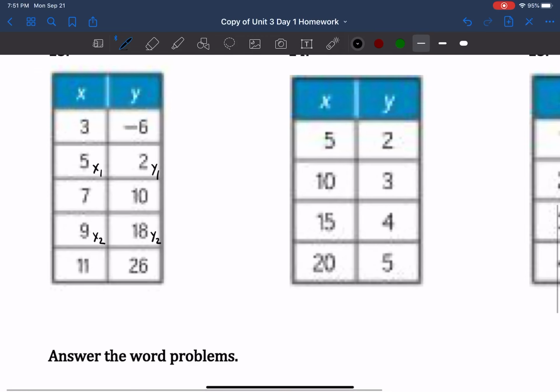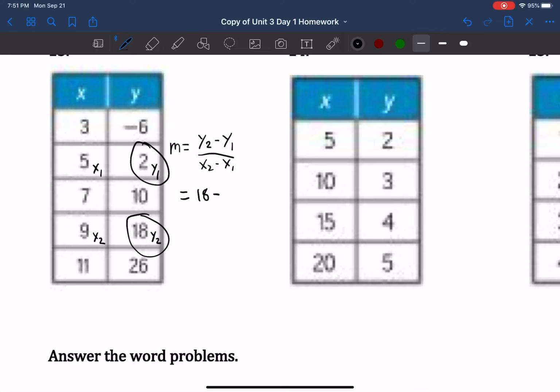So if I'm doing slope formula equals y2 minus y1 over x2 minus x1, then my y2 here is 18 minus my y1, which is 2, over x2, which is 9, minus my x1, which is 5.